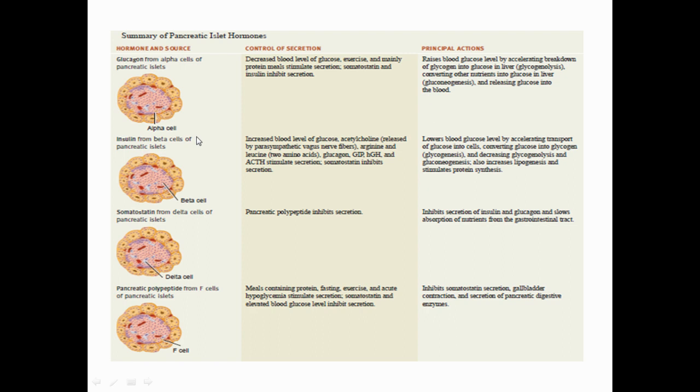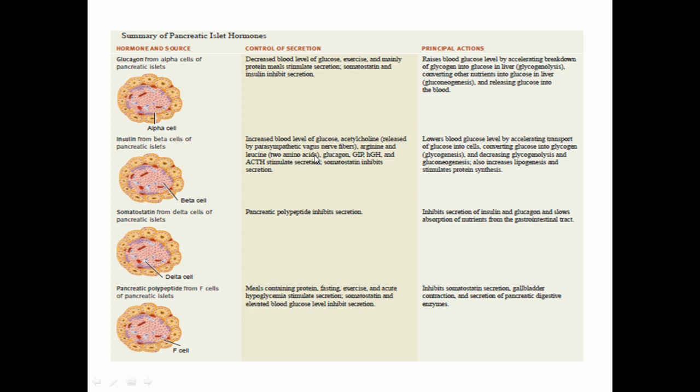into the blood. The next is beta cells. The beta cells secrete insulin, a hormone which lowers the blood glucose level. It will be secreted when it senses hyperglycemia, increased blood level of glucose, and also acetylcholine released by the parasympathetic vagus nerve fibers. These are all stimulators of insulin secretion.